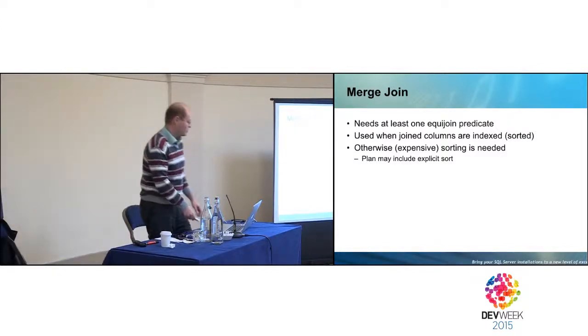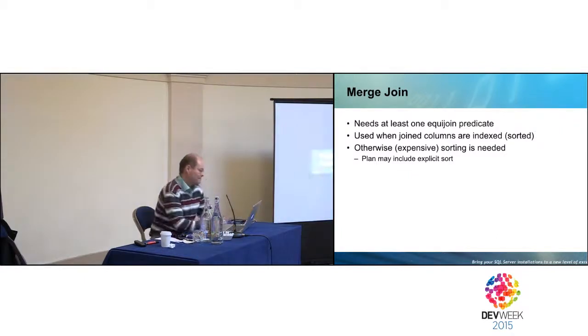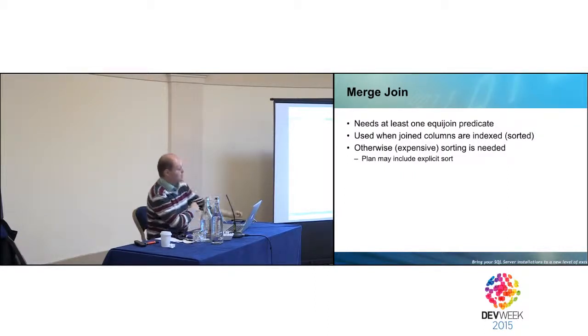Let's have a look at that. I create a first table and insert 1,500 rows. I create another table and also insert 1,500 rows into that table. So we have just two tables with 1,500 rows. As you can see, column 2 has unique values.